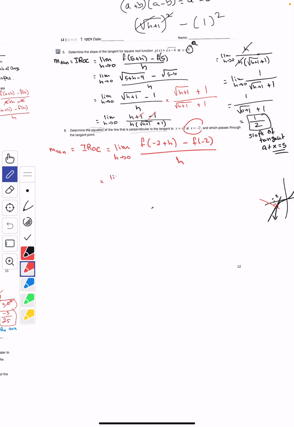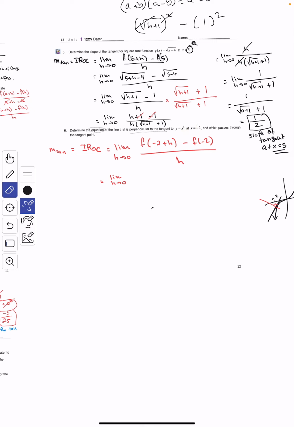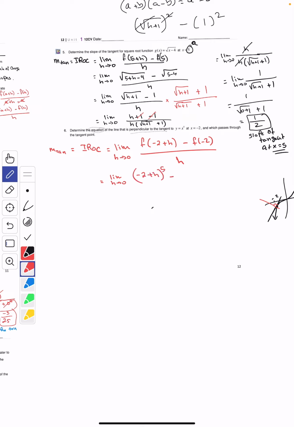So I have the limit as h approaches 0. If I plug -2 into my function, which is x to the power of 5, I get -2 plus h to the power of 5, minus -2 to the power of 5, all over h.